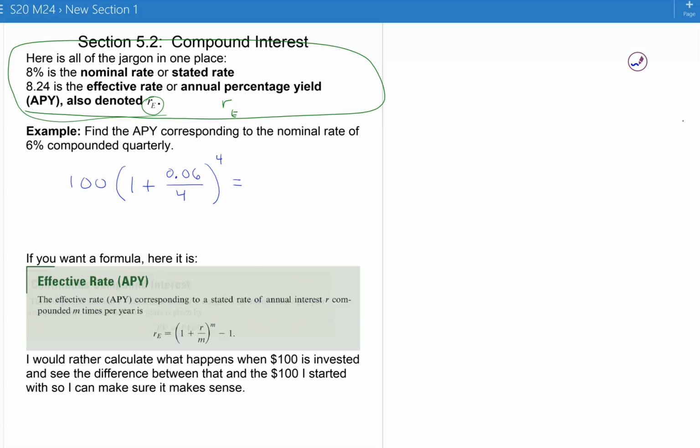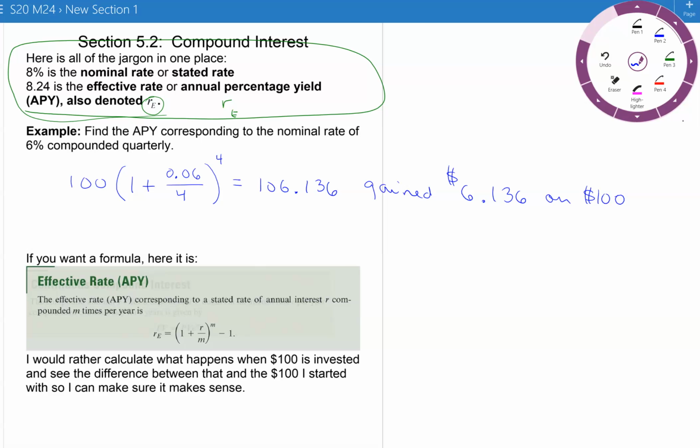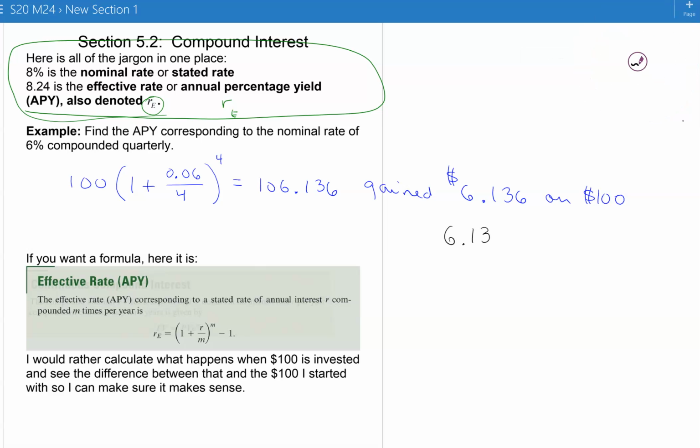So I end up with 106.136. So I can see that I gained $6.136 on $100. So that is percent. So that's the same thing as 6.136%, lowercase r, subscript capital E.